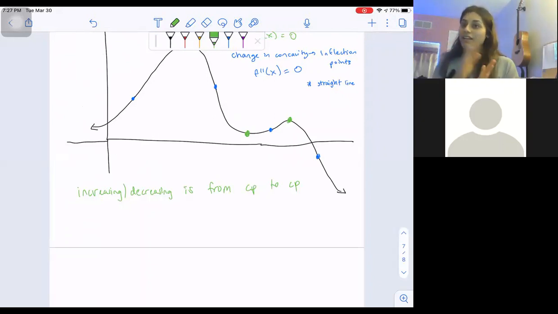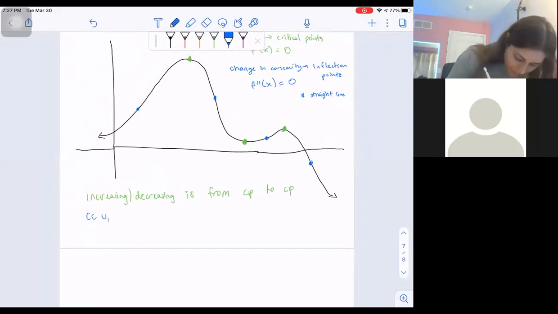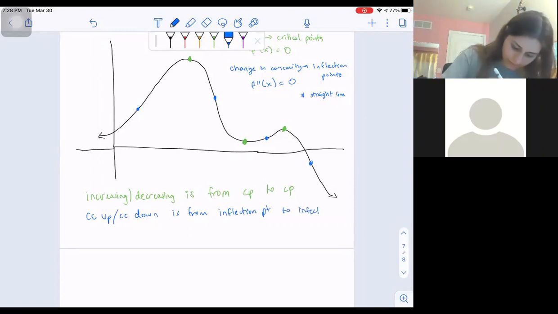Okay, so concave up and concave down is from inflection point to inflection point. See the relation? So concave up slash concave down is from inflection point to inflection point.